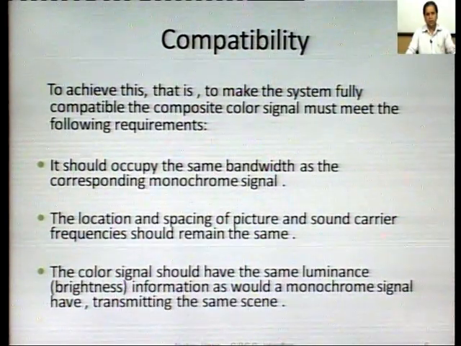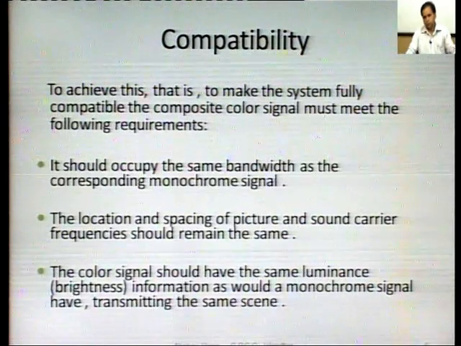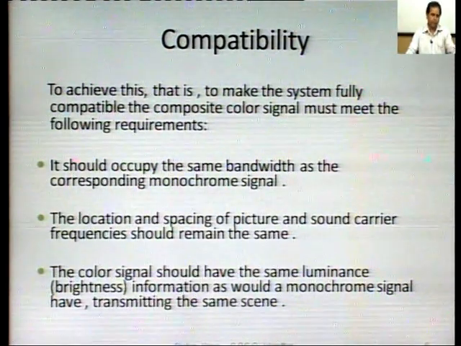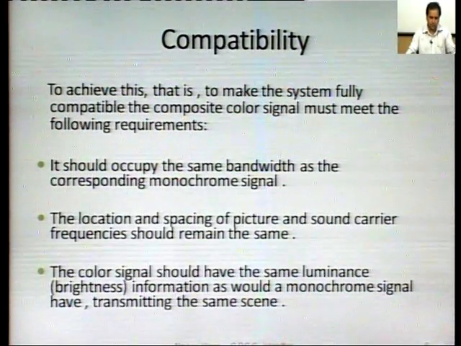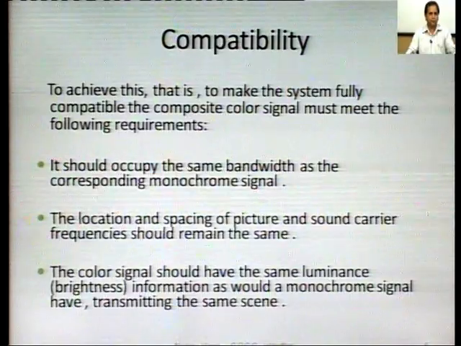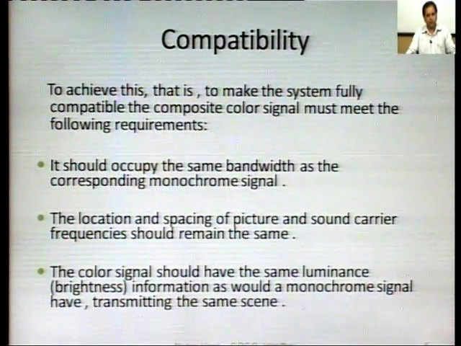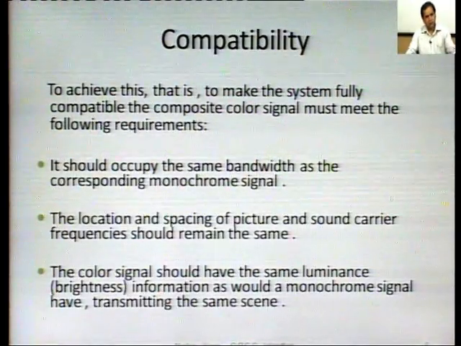Second, the location and spacing of picture and sound carrier frequencies should remain the same. So, when we talk about the bandwidth of the system, then the location and spacing of sound, color and other carrier frequencies should remain the same.